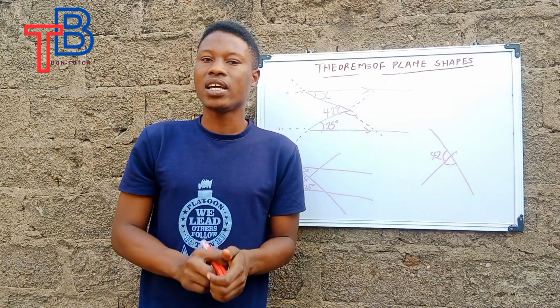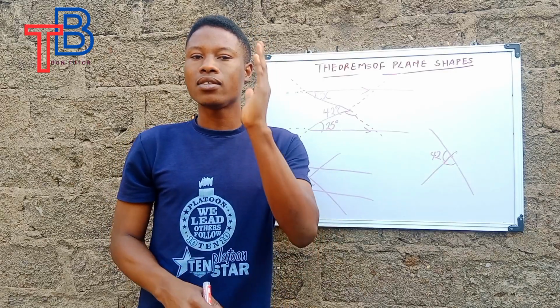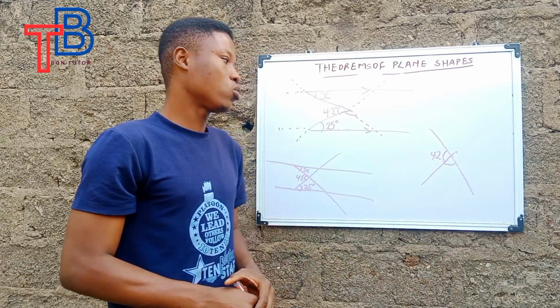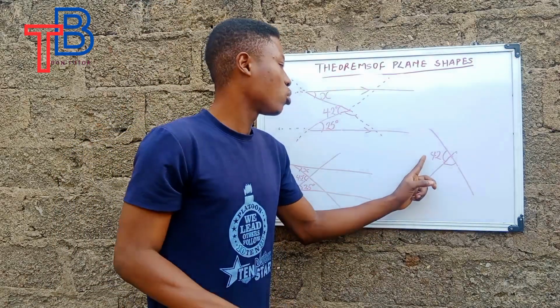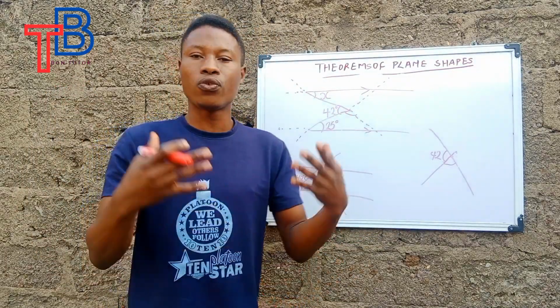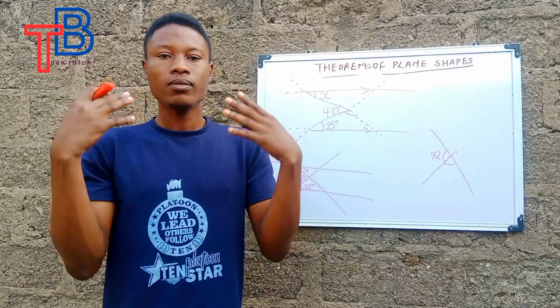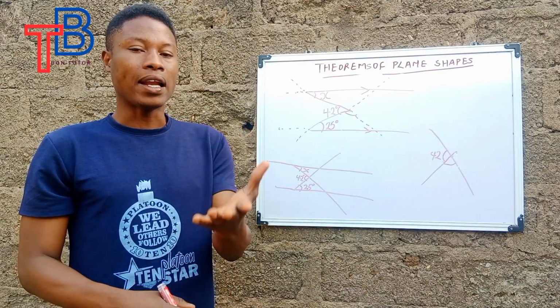And remember, we said angles on a straight line equal 180, which means for you to get the remaining angle here, you just have to subtract this 42 from 180, and you will have the angle that is left here. And how do you do that?